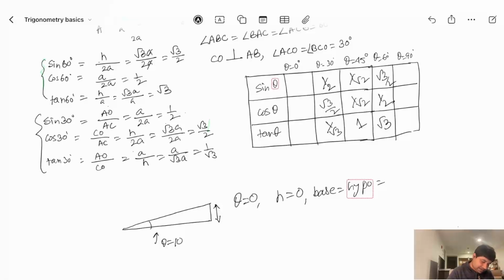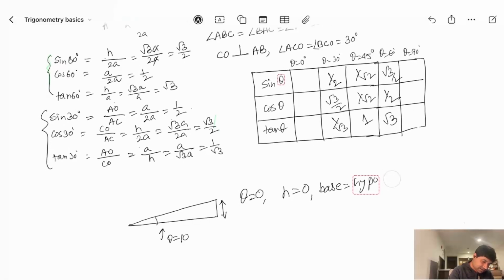So if they are the same, then how can we define sine theta? Sine theta is nothing but height divided by hypotenuse. So in our situation, if I think of this particular triangle, let's say ABC, the hypotenuse and the base are the same. So I can simply think of base B as the same as hypotenuse, and as height is 0, I can clearly see sine theta is 0 when theta equals 0.